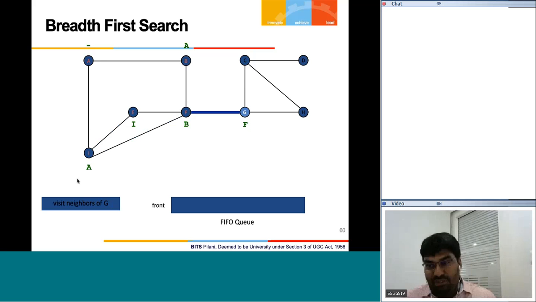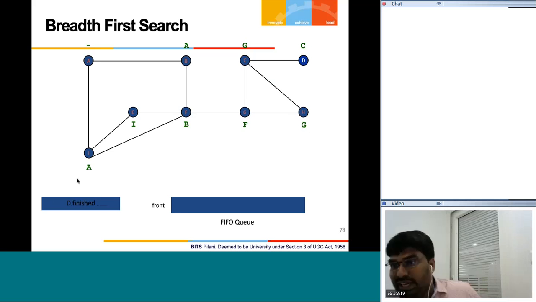Technically F I will not be pushing; I'll be enqueuing only C and H. Now, what is the order of dequeue? Dequeue C, and when I'm dequeuing C, I also have to make sure that D is pushed in. Then H will be dequeued, and nothing for H. For D also we don't have anything, so now we have finally our printed list. Now you understood how we did?